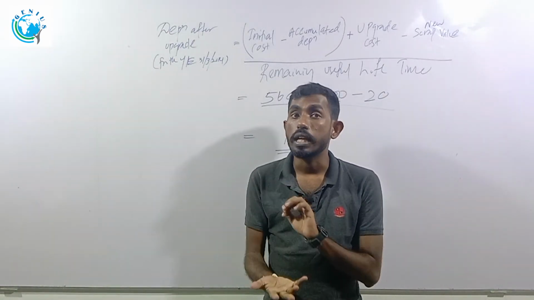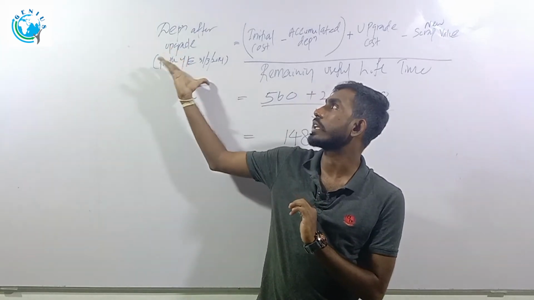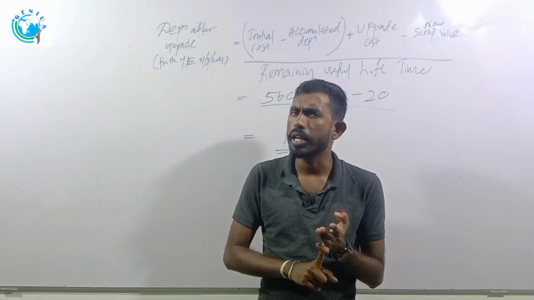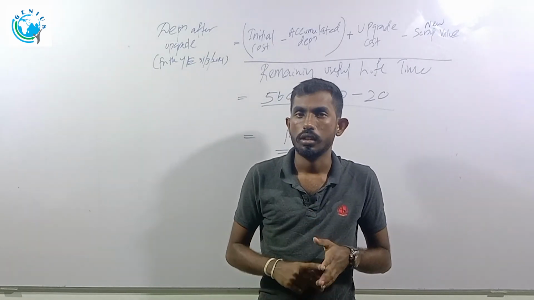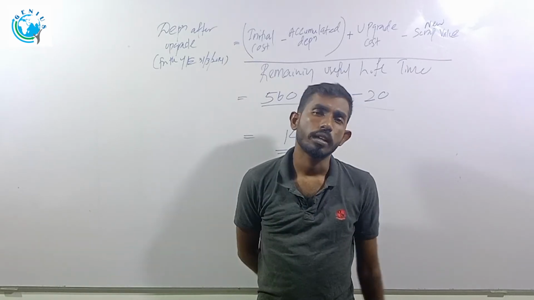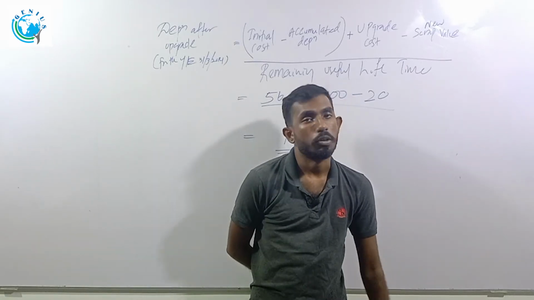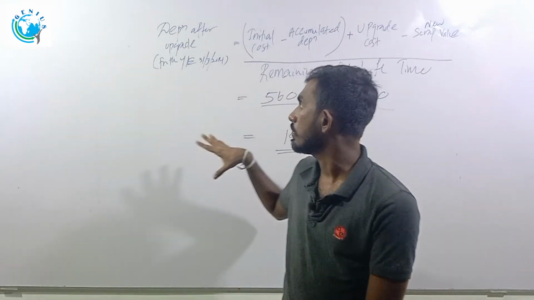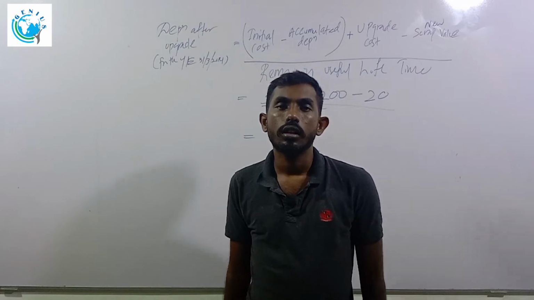Then if there's an upgrade, how to calculate the depreciation after the upgrade. It may be upgrade, it may be either modification or adding some other items to the relevant property, plant and equipment. Right. So I hope you have gained a clear understanding about this part.